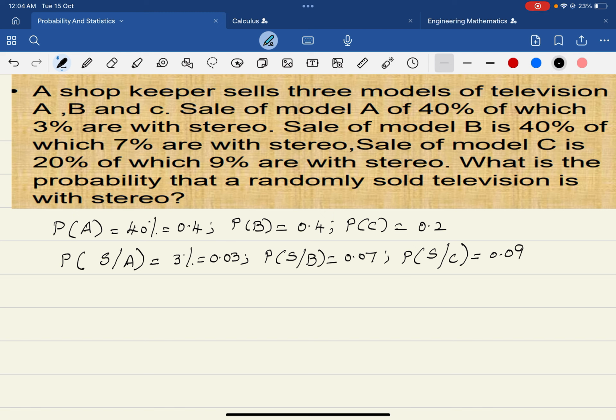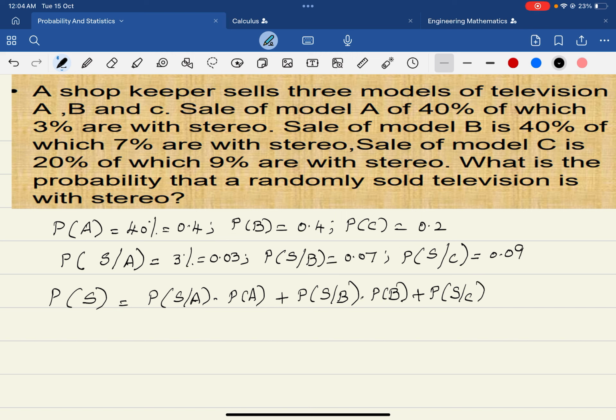That means I want the probability of the stereo. That is the probability of the stereo given A, multiplied by the probability of A, plus the probability of the stereo given B multiplied by the probability of B, plus the probability of the stereo given C multiplied by the probability of C. This is nothing but the total probability. I hope you could understand.